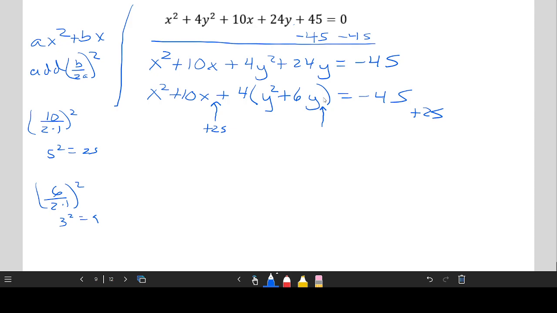We need a plus 9 inside the parentheses there. But we're adding 9 inside the parentheses, which means then that 9 is going to be multiplied by 4. So really we're adding 9 times 4 to the left side of the equation. And because of that, on the right side of the equation, we need to add 9 times 4.